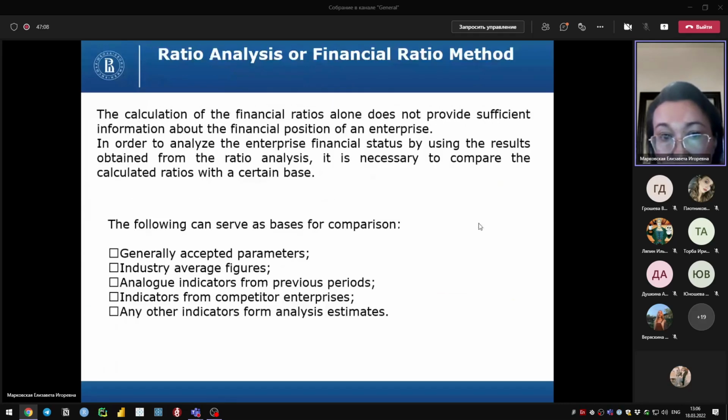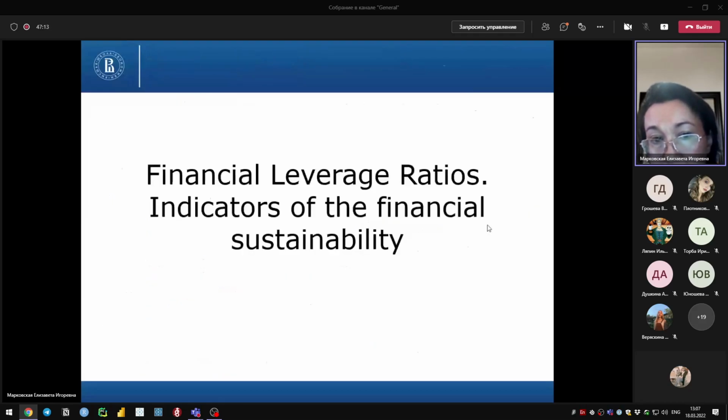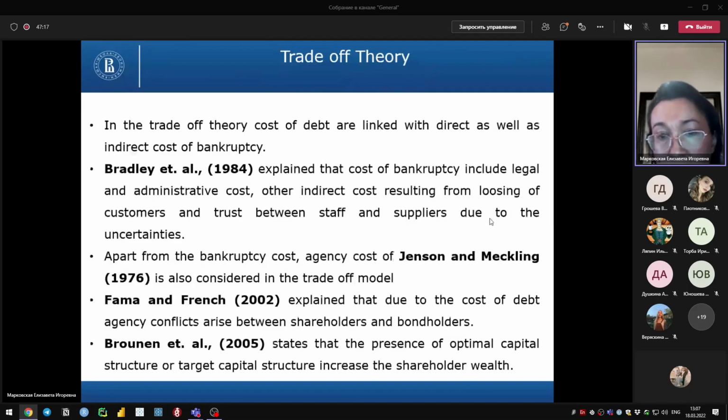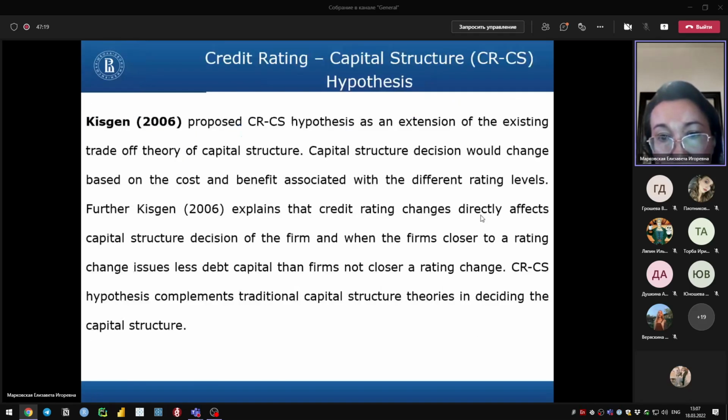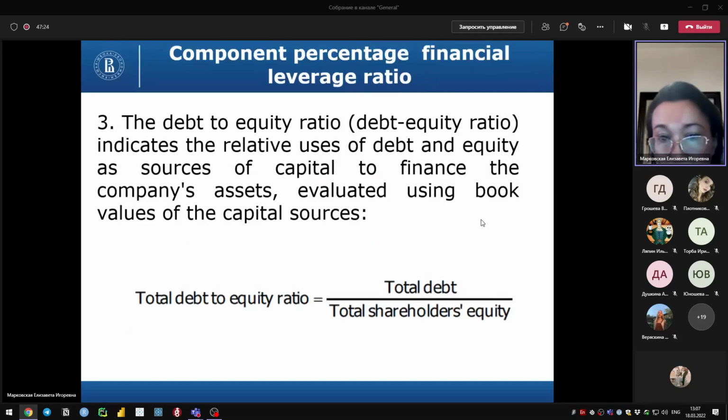So what do you remember about the term liquidity and liquid assets? What is the main idea of liquidity, and what assets can be called liquid assets?